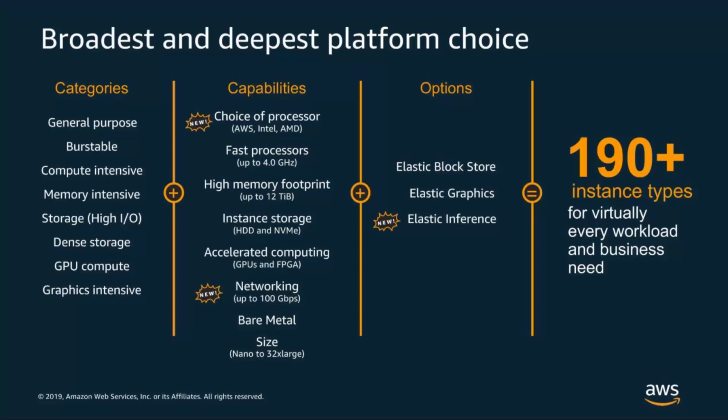The elastic graphics, which you can add to your instance type as an option, as I was referring to earlier. And then elastic inference, which we also talked about at re:Invent in 2018. So put all this together, you really have a broad variety, over 190 instance types, and then different capabilities and options to optimize that situation for your specific workload.